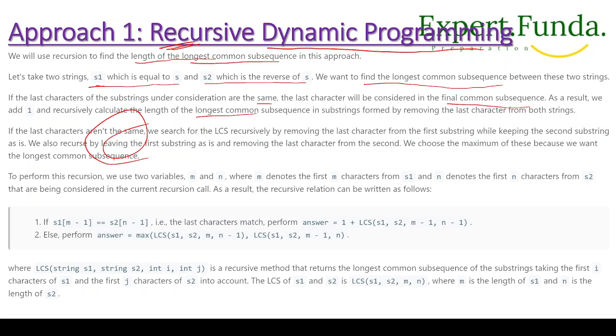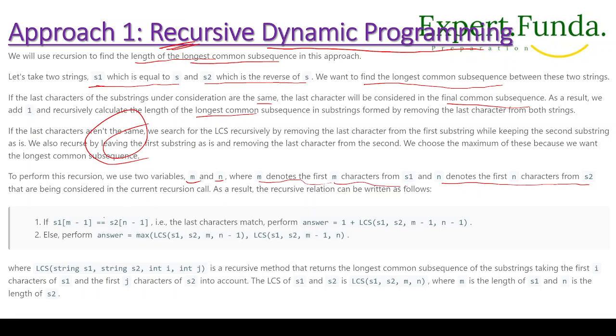To perform this recursion, we will use two variables, m and n. m denotes the first m characters from s1 and n denotes the first n characters from s2. Now we have to take a recursive call.